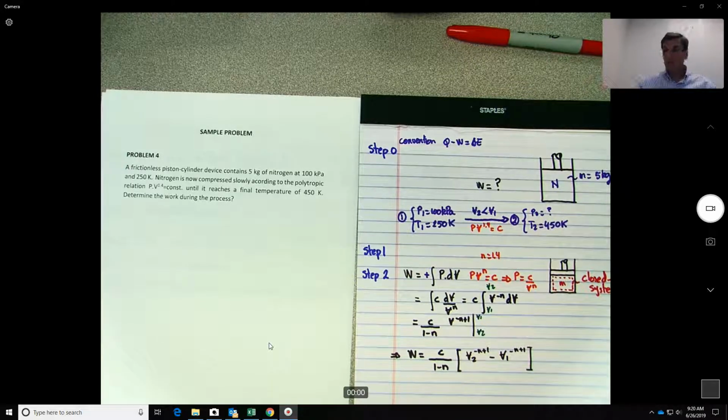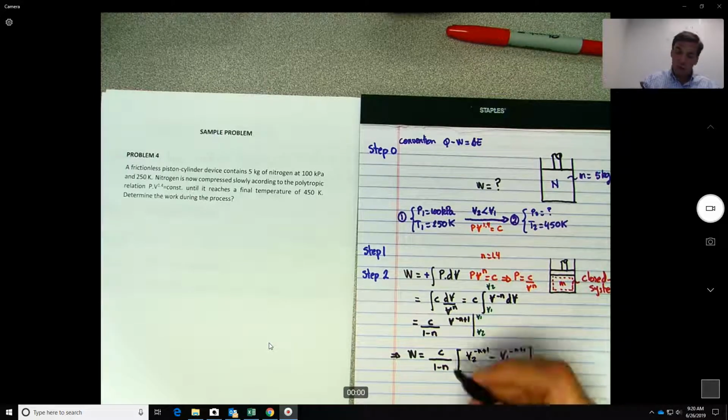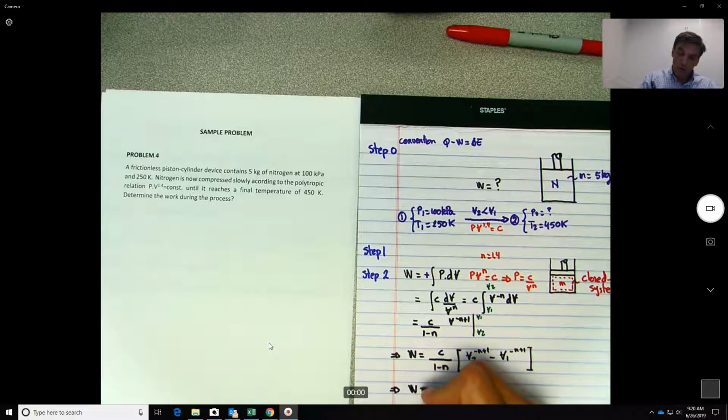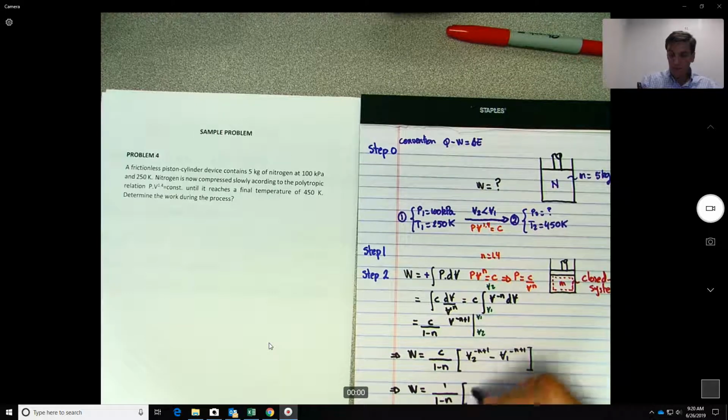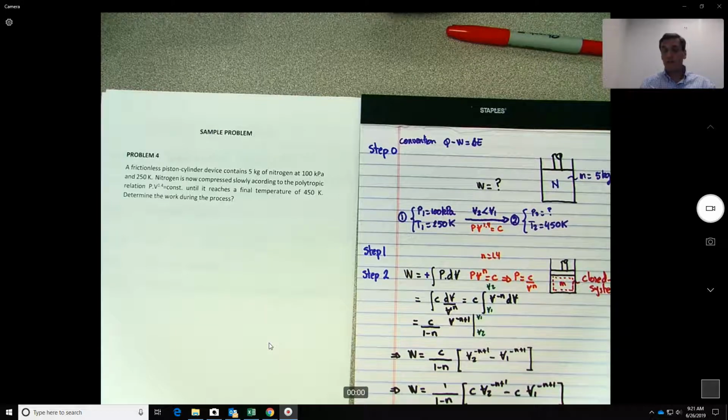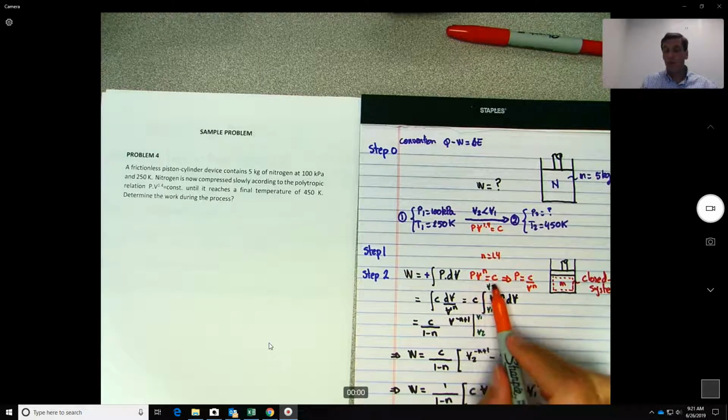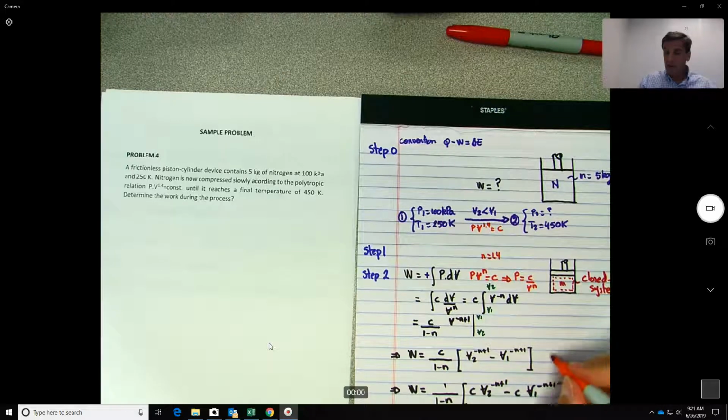Okay, so now if you remember, but otherwise the trick over here is to move the C to each one of the terms. And to do what? If you see here the equation, PV to the n equal to C. So that means what? That C can either be equal to P1 V1 to the n or to P2 V2 to the n.